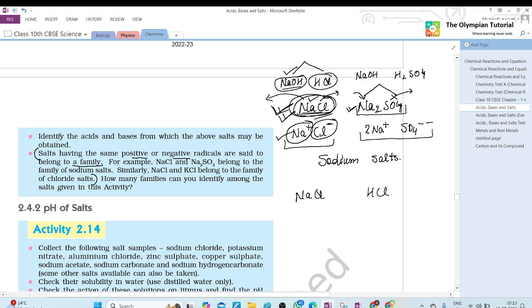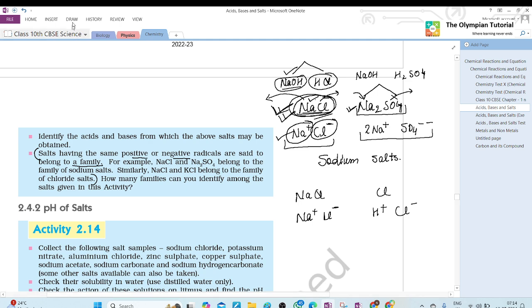Next is NaCl and HCl. NaCl is Na plus Cl minus, and HCl is H plus Cl minus. Students, sorry, KCl, I have written acid here. We are discussing the salts.